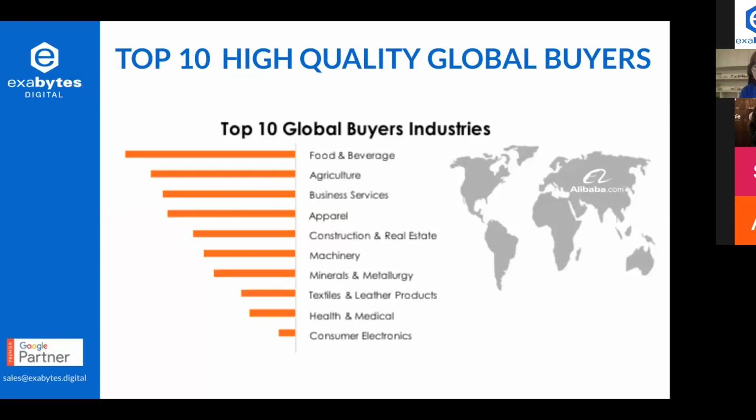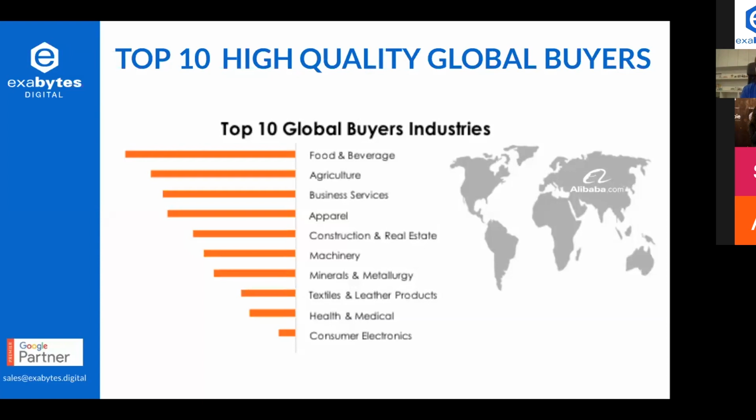They are coming from many industries. At the top are food and beverage, agriculture, business services, apparel like clothing, and construction. You can see they now sell a lot of materials, like building materials, doors, wood and everything, through the platform as well.